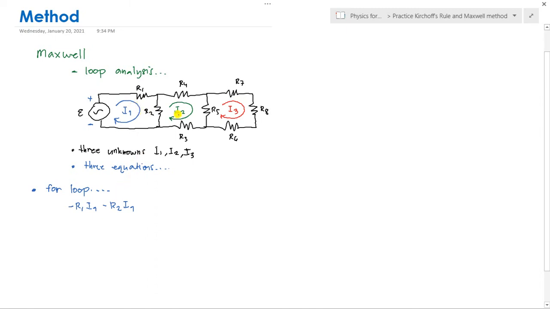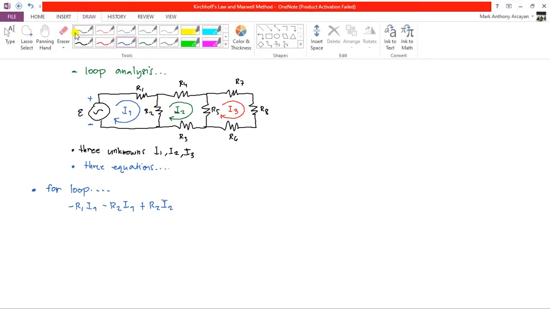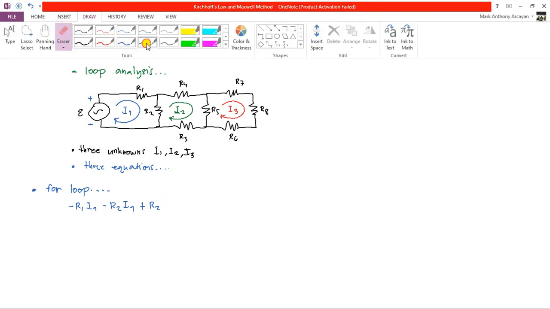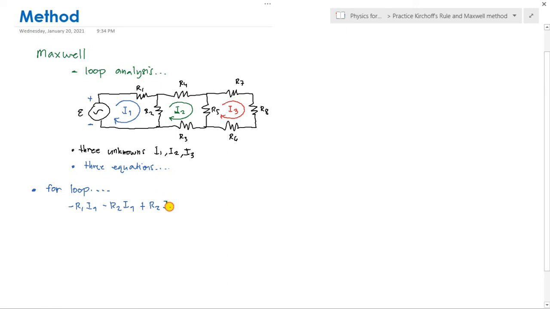However, if pareha unta silang direction ni I1, negative unta ni siya. However, opposite man siya, di ba? If we have an opposite direction, meaning opposite pod ang sign. So, if the sign of our I1 here is negative, I2 is automatic positive. So we have plus R2 I2.